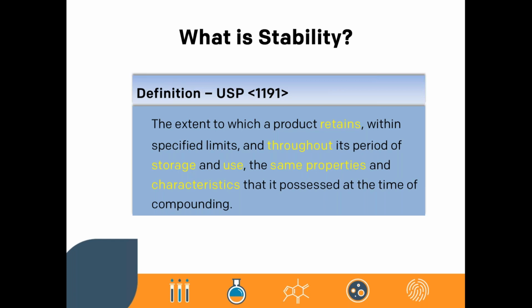It's the extent to which a product retains, within specified limits and throughout its period of storage and use, the same properties and characteristics that it possessed at the time of compounding. It needs to retain those properties throughout its storage period, and not just the chemical properties, but physical properties and others.